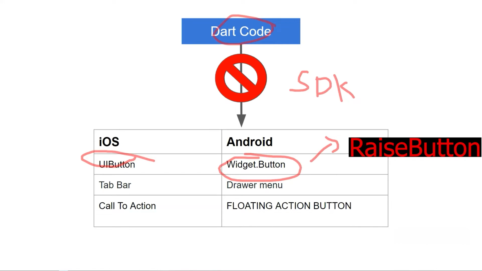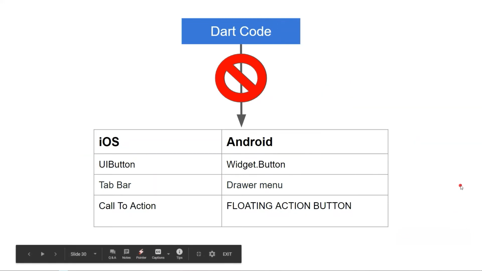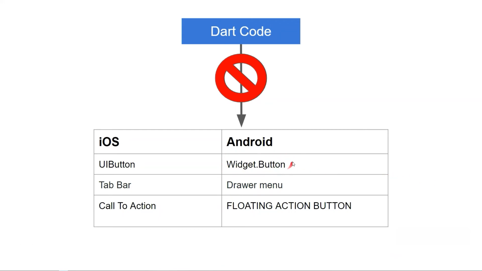It does not replace the raised button with widget.button or UI button as per the device. It just compiles. It does not replace or generate any other code based on your Dart code. We must understand this clearly. It does not translate, replace, or duplicate your file, or change any line in your original Dart code.